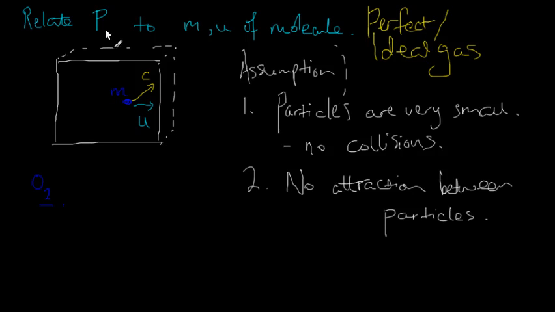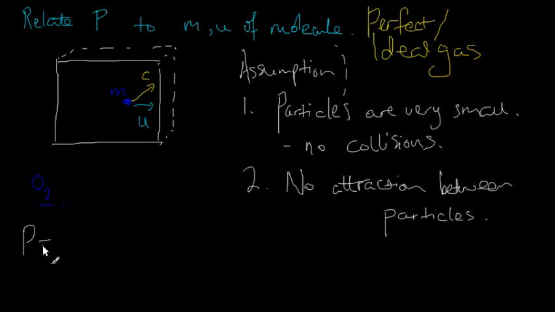As I said, we're interested in pressure. Now, let's see how we can make a connection between pressure and, say, mass or velocity. The way to find a connection between different quantities is usually to start by thinking about the definitions of each quantity. So let's start with pressure.